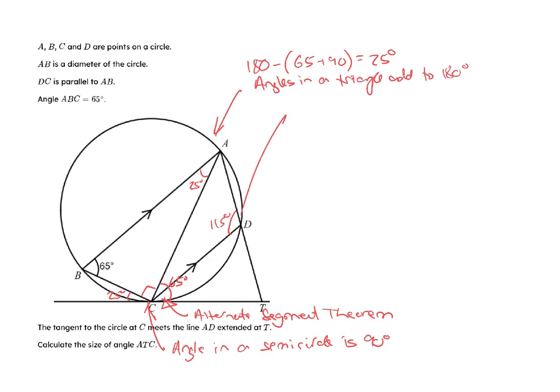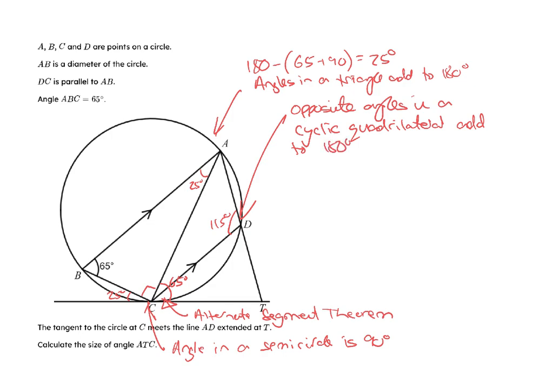So draw a little arrow to this one, and just go opposite angles in a cyclic quadrilateral add to 180 degrees, making sure I don't write cyclical. So what I did there was did 180 minus 65 equals 115.